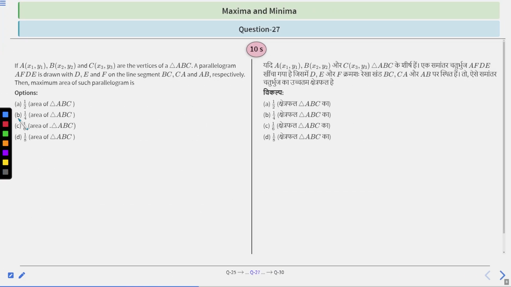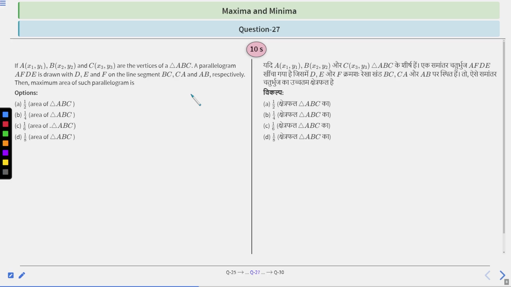Question number 27, which says, if A x1 y1, B x2 y2, and C x3 y3 are the vertices of triangle ABC, a parallelogram AFDE is drawn with D, E, and F on line segments BC, CA, and AB respectively, then the maximum area of such a parallelogram.